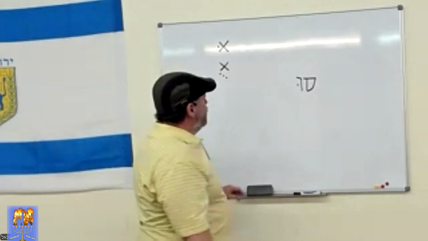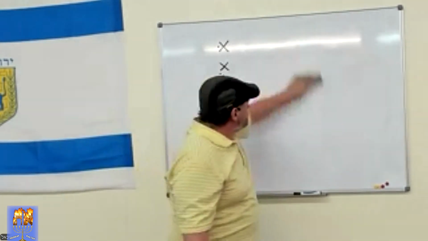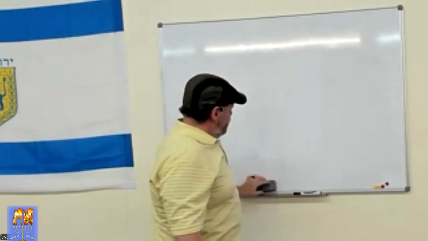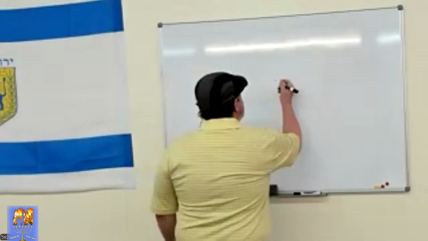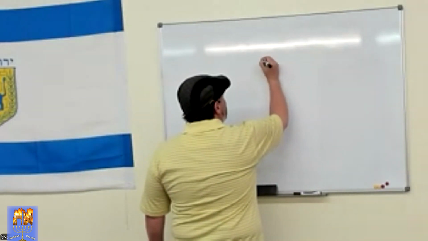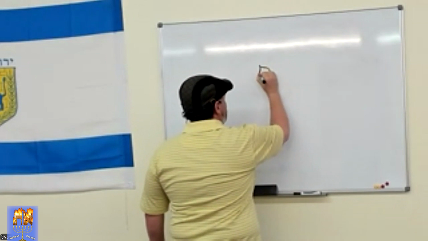All right. So let's do this. I'm going to bring up our friend, the vav. Since we always have fun with this guy, okay? The vav is a lot of fun. So I'm going to put him up here, and we're going to draw this guy.